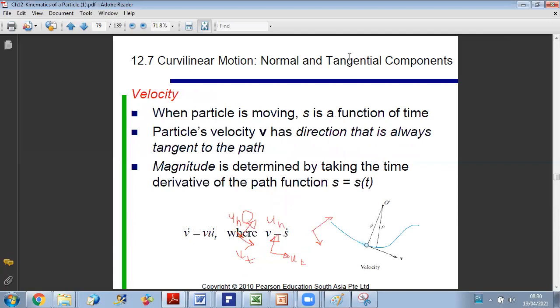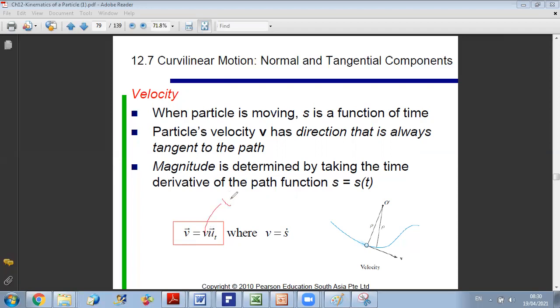Now, how do we define velocity and acceleration in this type of frame? First, for the velocity, it's very simple because UT is already defined as the unit vector of velocity. So vector V will always be along UT, with the same sense and same direction. So vector V is the magnitude of V times UT. And here in this frame, V is always positive. Why? Because UT will follow V. While in Cartesian, in rectangular components, i, j, k are fixed, so we can have positive velocities or negative velocities.